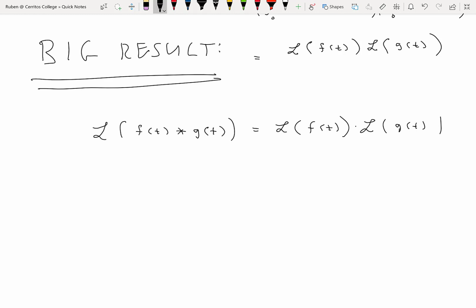This is as close as we can get to distributing the Laplace transform into products, into multiplication. The bottom line is it doesn't, but it does distribute into the convolution.